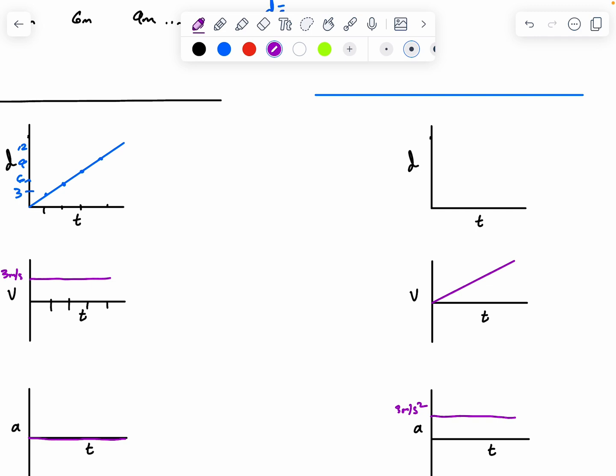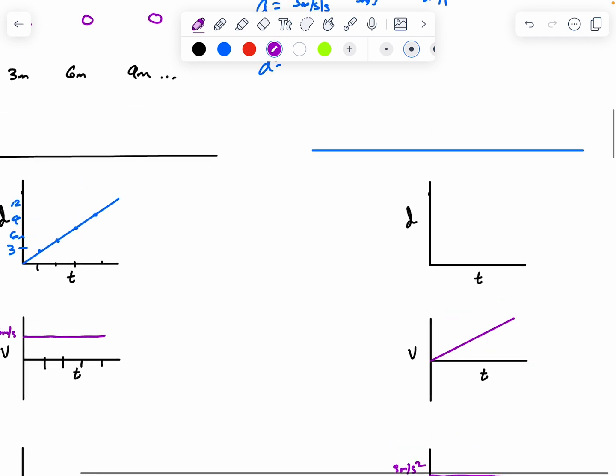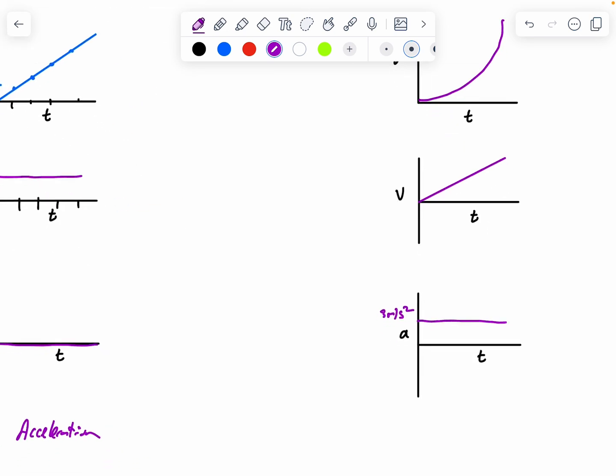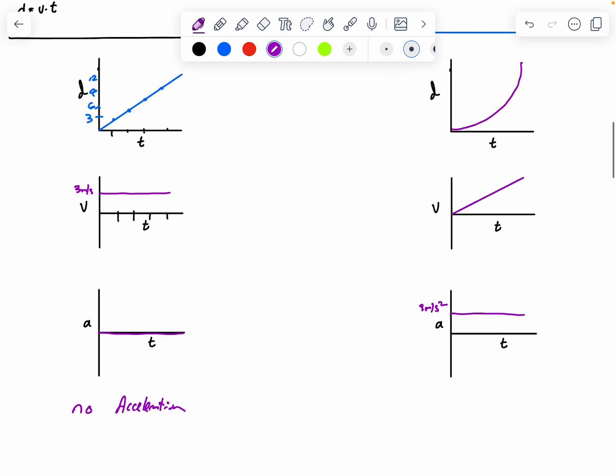And we're going to figure out what that means in terms of the displacement, or the distance versus time graph. I'll give you a big clue. This is where it's going to have a curve. Okay, so when we just look at the graphs, when there is uniform acceleration, that means the acceleration is constant, so there's going to be a flat line for acceleration.